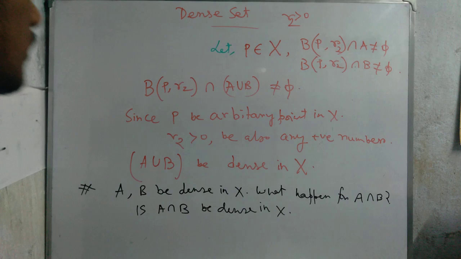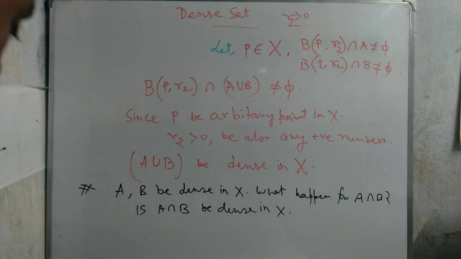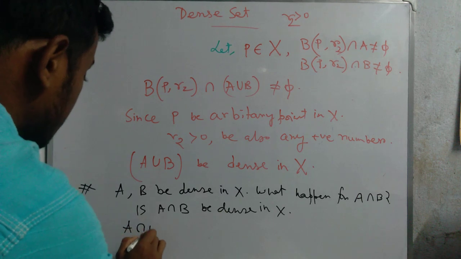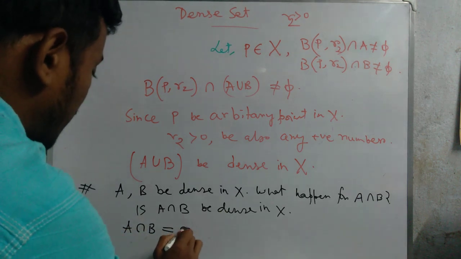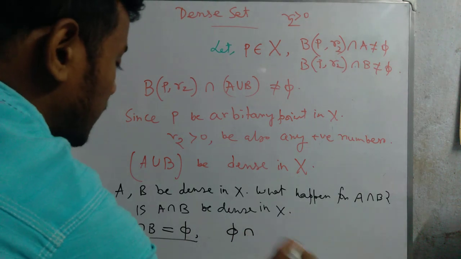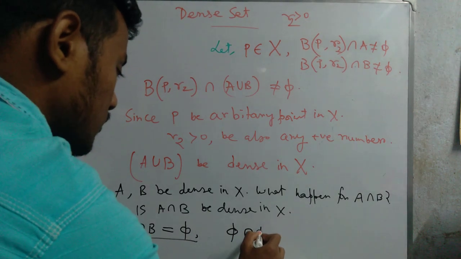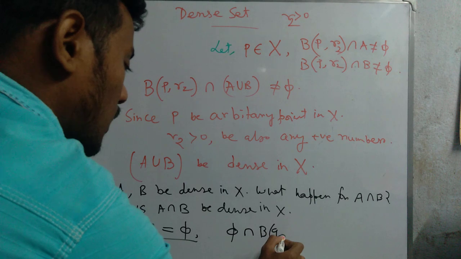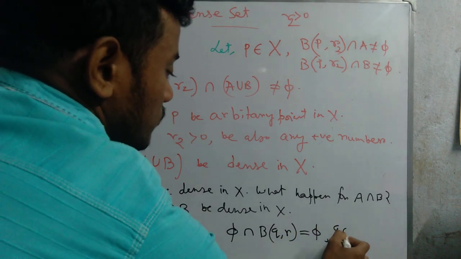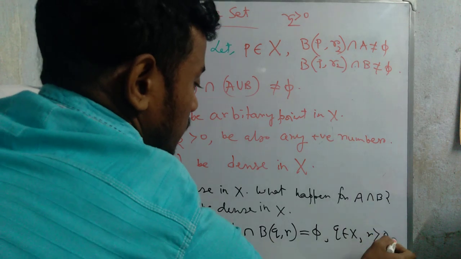When this happens, if A intersection B equals phi, then obviously phi intersection some ball B(Q, R) equals phi, when Q belongs to X and R greater than 0.